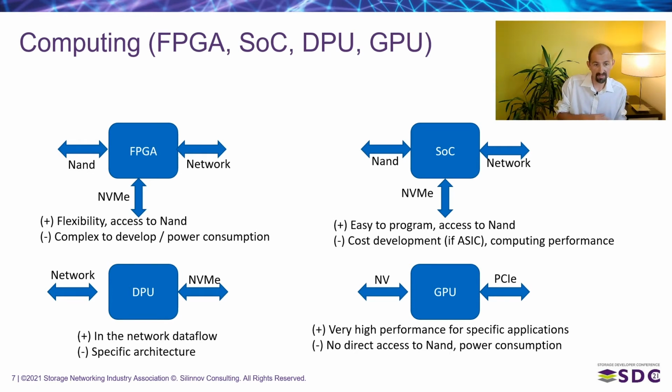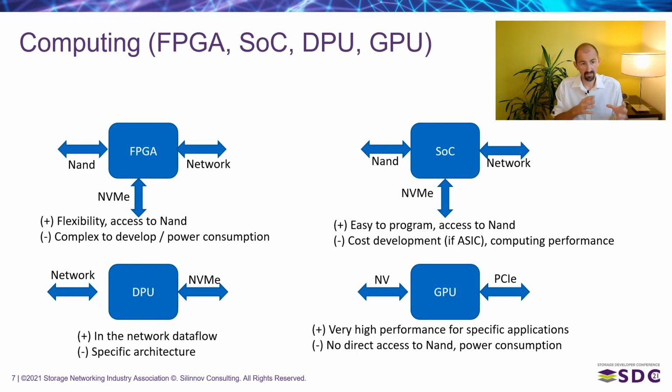Another benefit is on the mechanical constraints and the power consumption. So if you want to design computational storage for embedded devices with M.2 form factor, yes, that's the perfect chip to select.